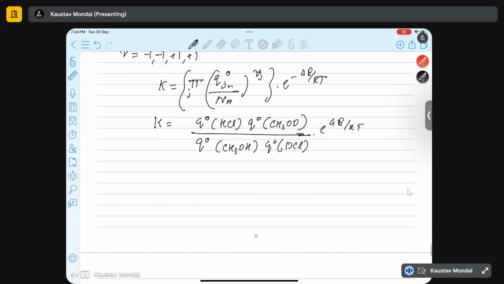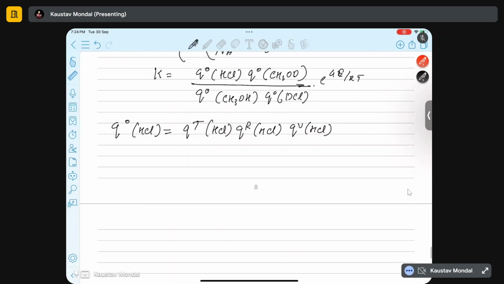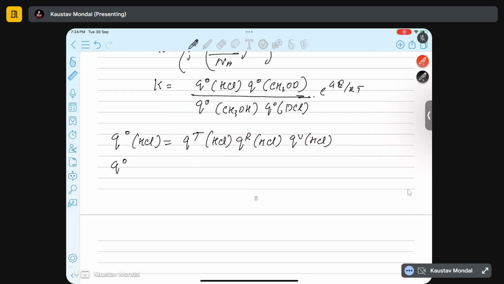Now for HCl, Q0 HCl has a translational term, a rotational term, and a vibrational term for HCl, right? Similarly for CH3OD, translational CH3OD, rotational CH3OD, vibrational CH3OD.